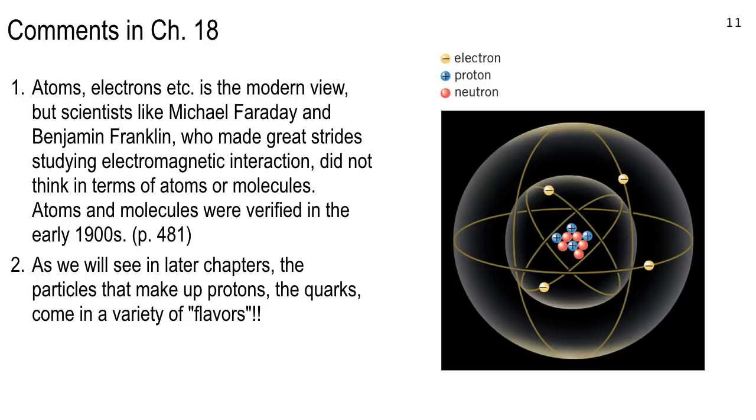Now, as we shall see in later chapters, there are subatomic particles that make up protons and neutrons. They're called quarks, and they come in a whole set of different flavors. So positive and negative electric charge, the Coulomb interaction, yeah, that's nice, but the force that holds protons together is a completely different force and has several different flavors of charge.